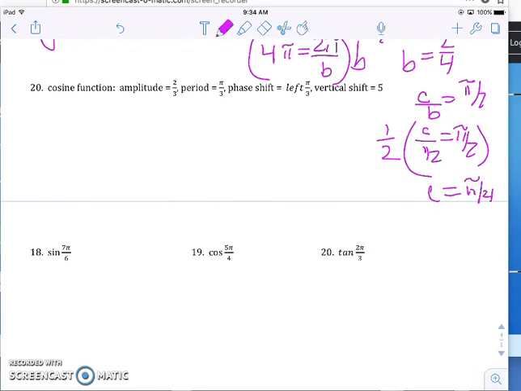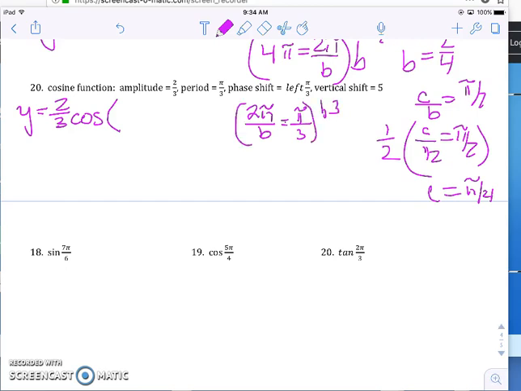So the next one we have a cosine. So y equals 2/3 cosine, period. So 2 pi over b equals pi over 3. So times b and 3. So this would be 6 pi equals 3b. So b equals 6.